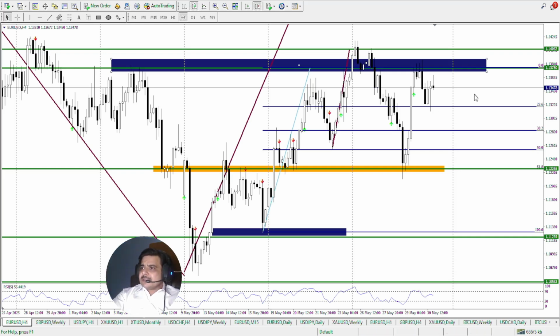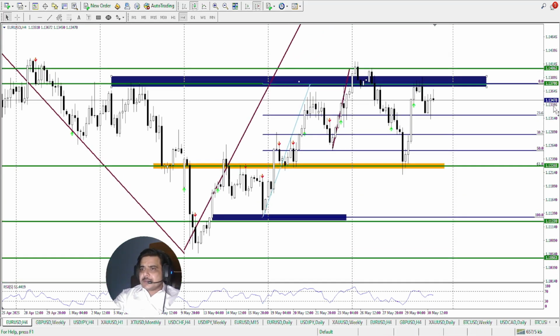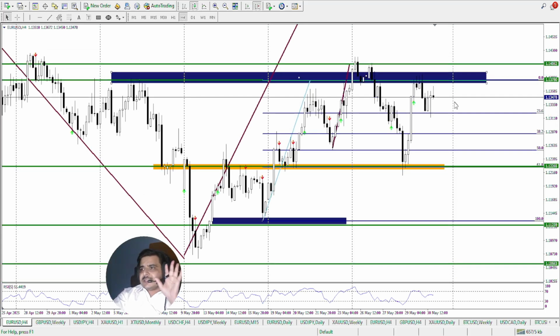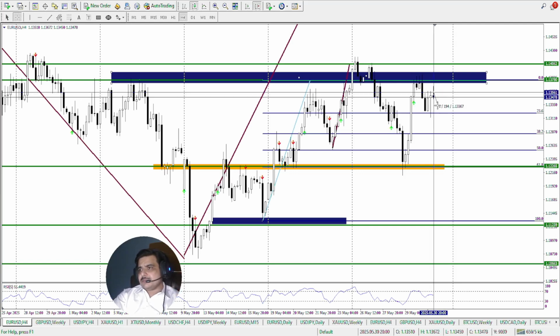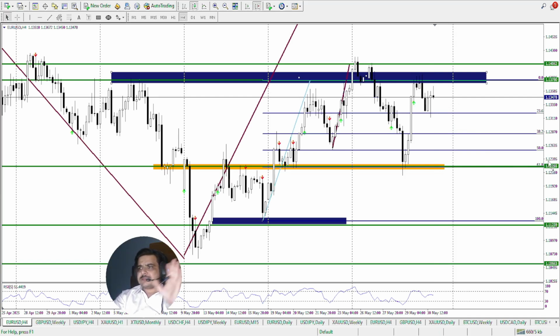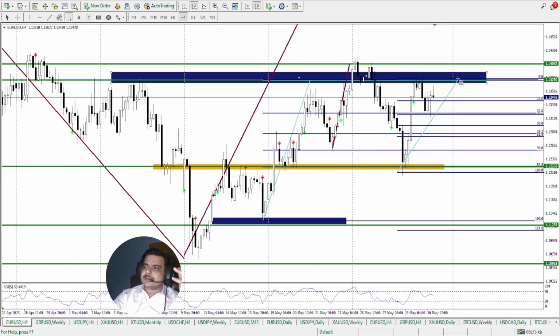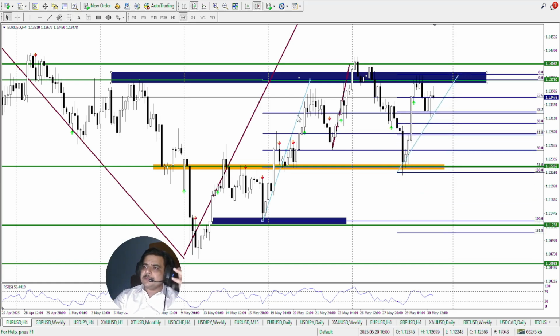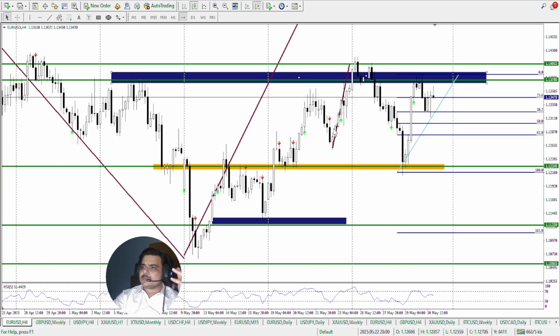Now further, what should I say about euro US dollar? It is for now standing at a very nice resistance zone, and maybe there is a good chance it can come back to 1.12265, or maybe at least till the retest of this 618 retracement level, especially in the upcoming week.